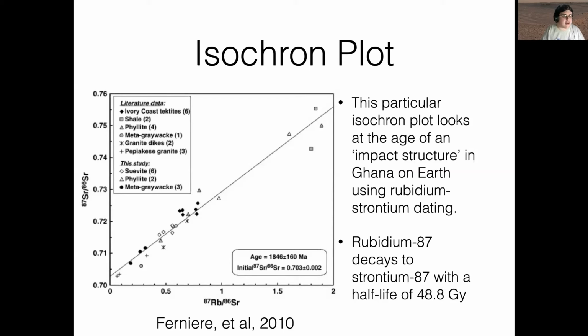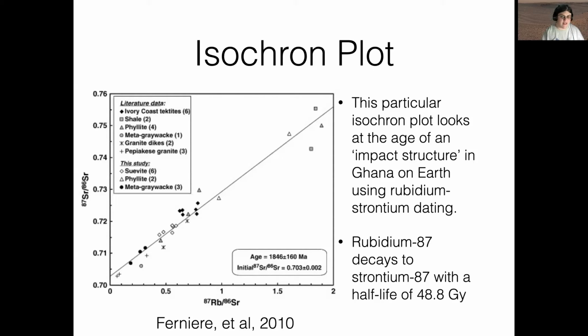And you can see what they did to find the age of this impact structure was they measured a bunch of samples of rocks that would have melted during the impact, and then fit a line to it. And then they calculated the parameters from that line to get both an age, which in this case is 1.8 billion years old, and the initial strontium ratio. So originally the ratio of strontium-87 to 86 was 0.7.